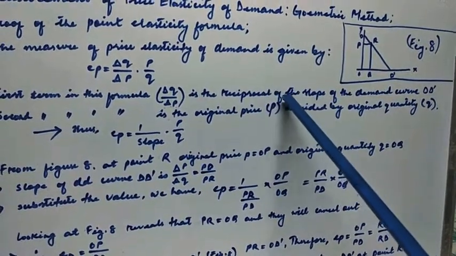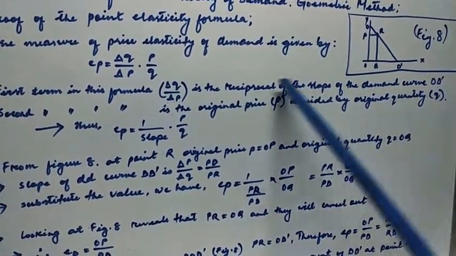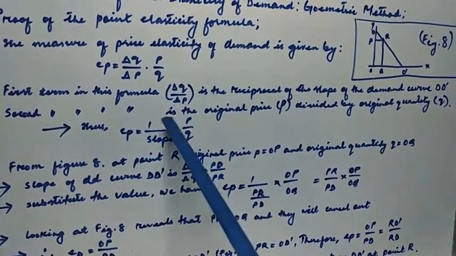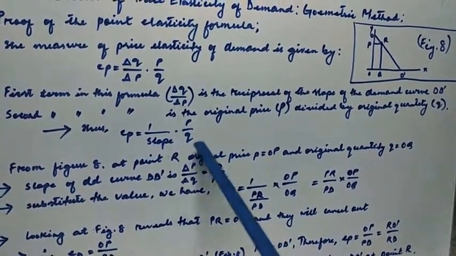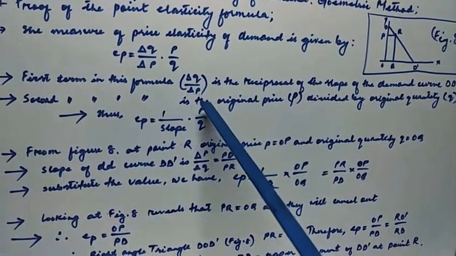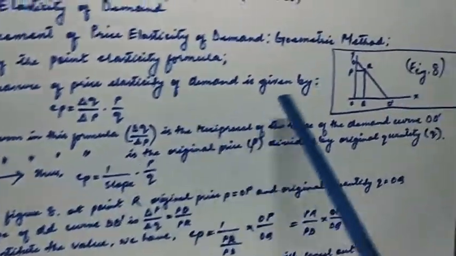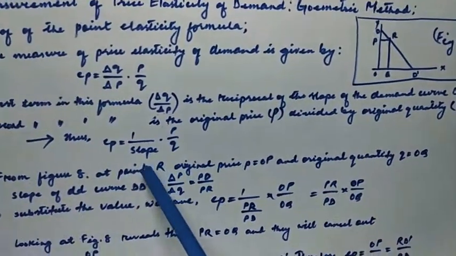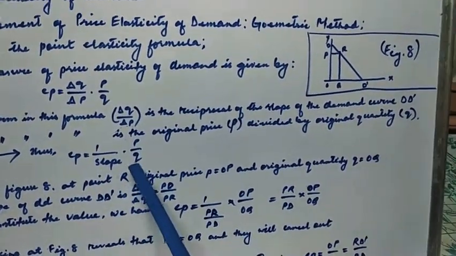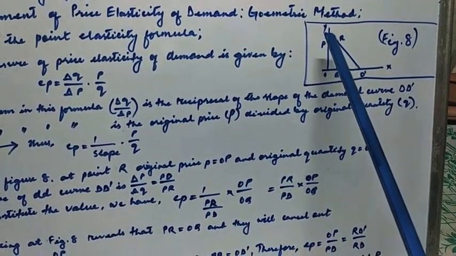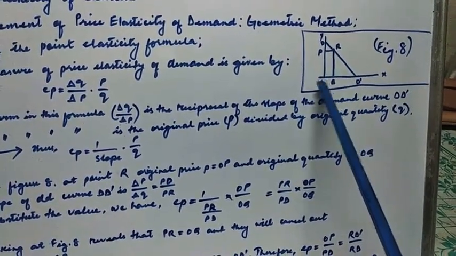When we say reciprocal, we bring 1 here, and then the slope of the demand curve, and this term remains the same because this is the original price and the original quantity. So from figure 8, what do we see? At this point R, the original price is OP and the original quantity is OQ.